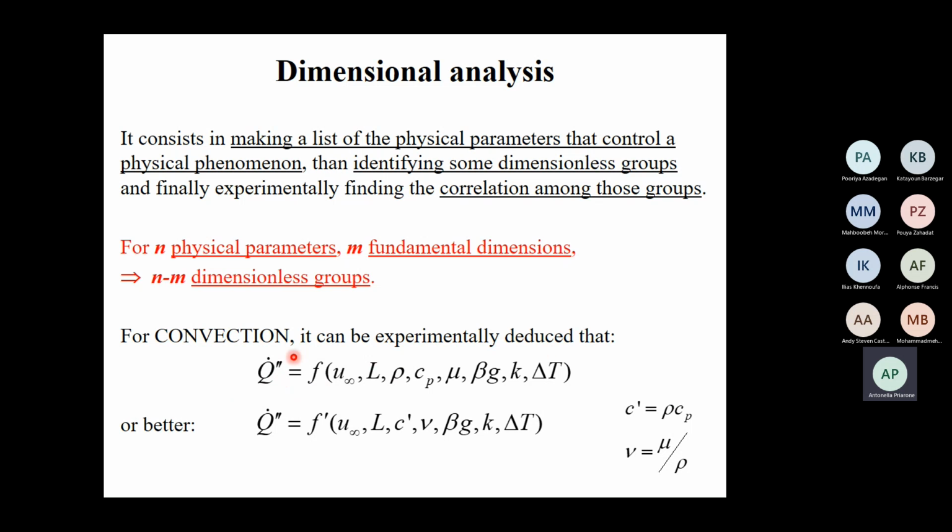And we list a lot of parameters that are n physical parameters. We can express each parameter by using fundamental units, fundamental dimensions. If I identify n physical parameters and m fundamental dimensions, for example meter, Kelvin, second, and kilogram, n minus m gives us the number of the dimensionless groups that will be obtained.